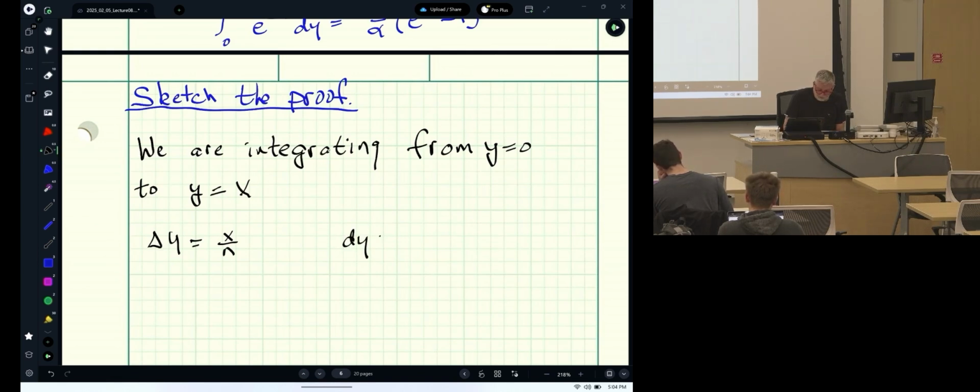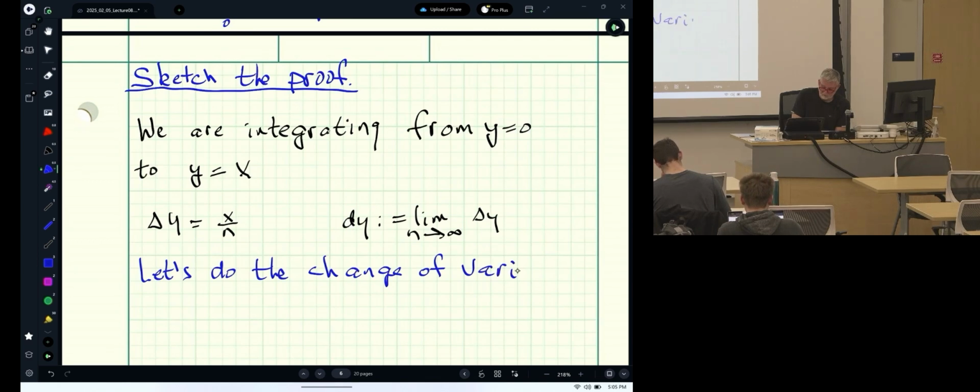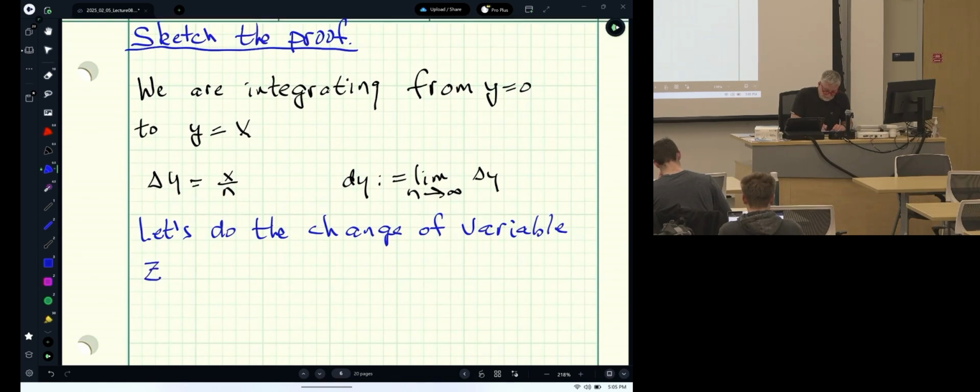And in the integral, dy is really the limit as n goes to infinity of delta y. Okay, so as n gets large, delta y goes to 0. Let's do the change of variable. z by definition equals alpha times y.